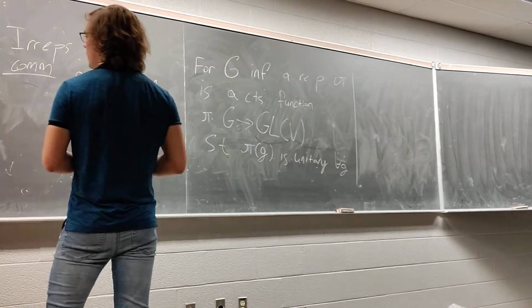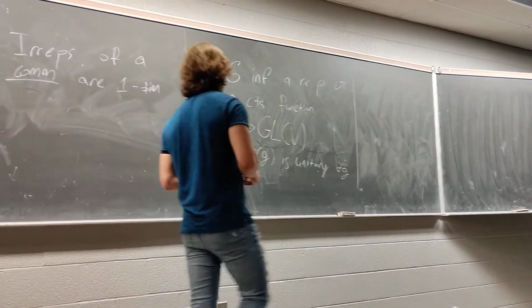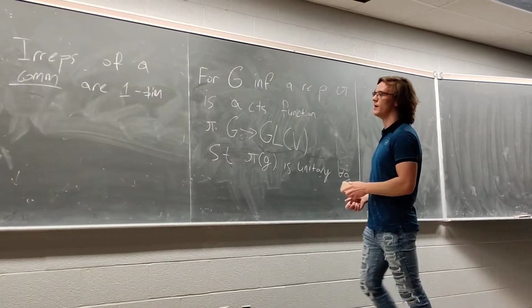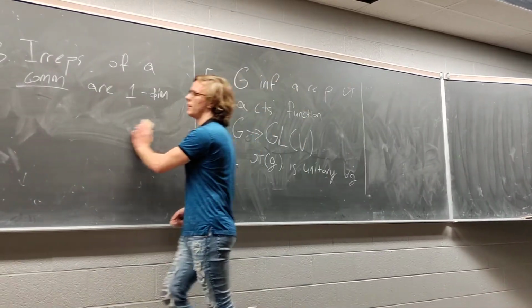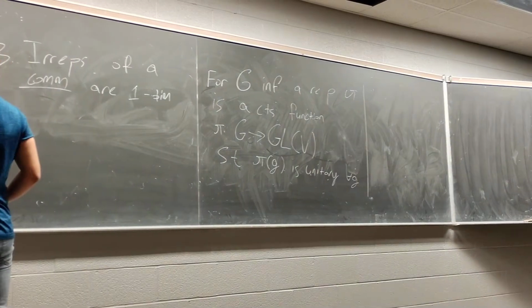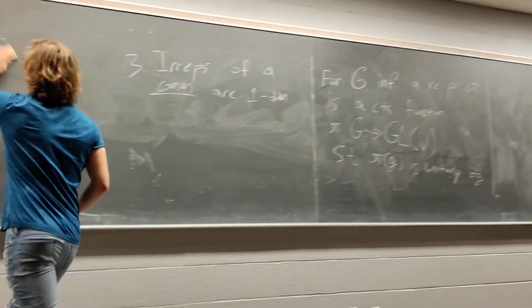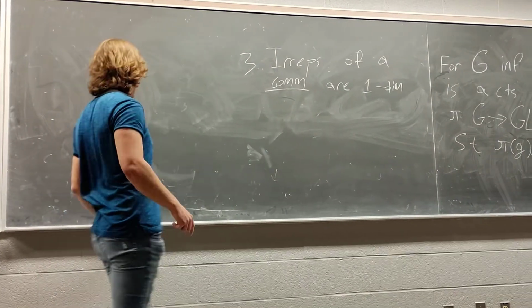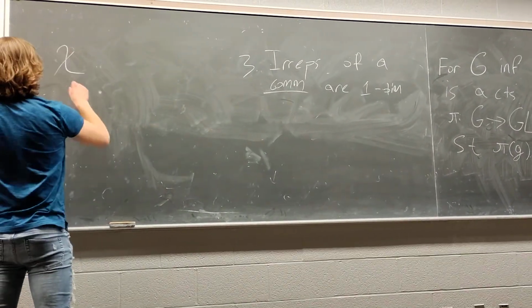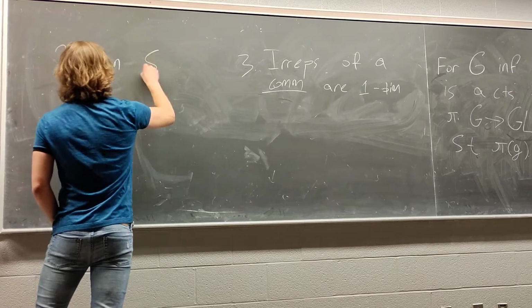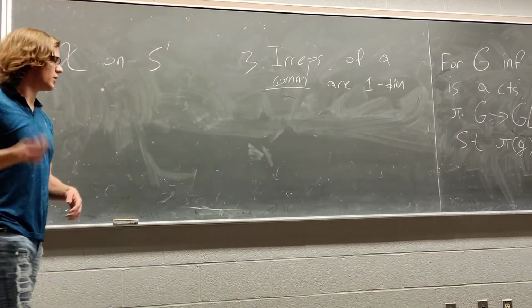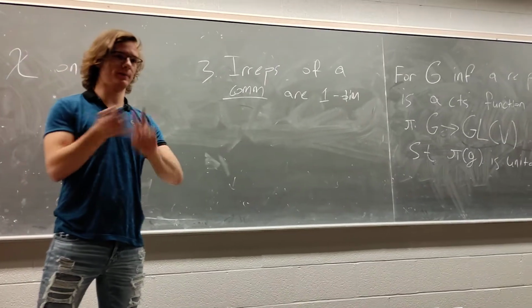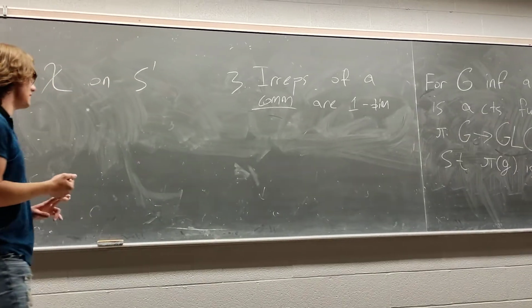Now, what this means is that if we have some kind of infinite abelian group, like let's say our circle group, the characters of irreducible representations, chi on S1, well, they have to land on the unit circle, and they have to be continuous.